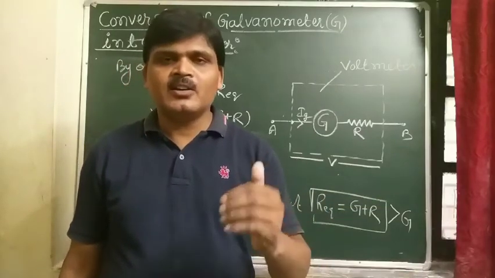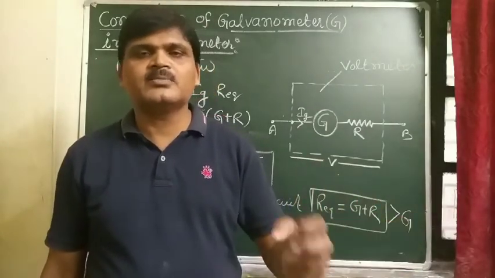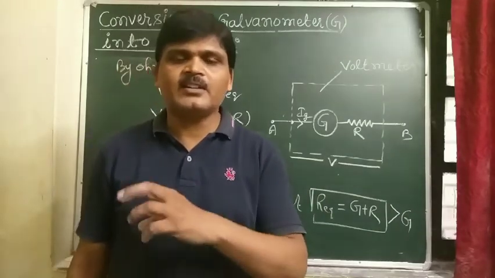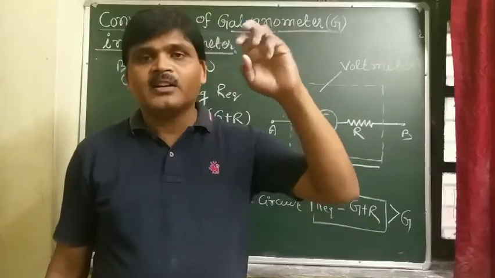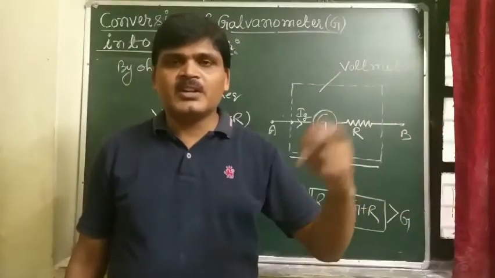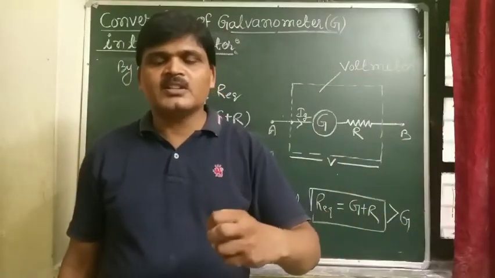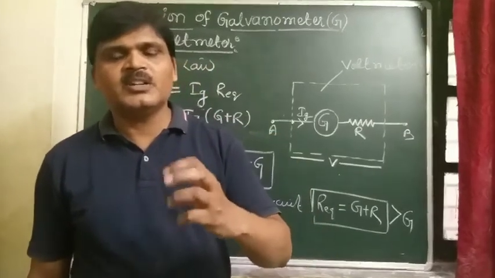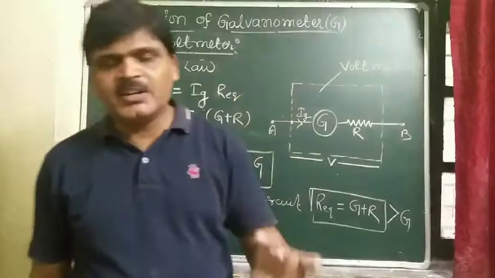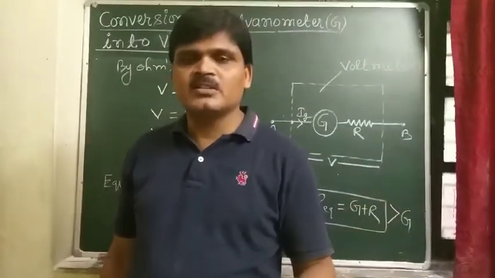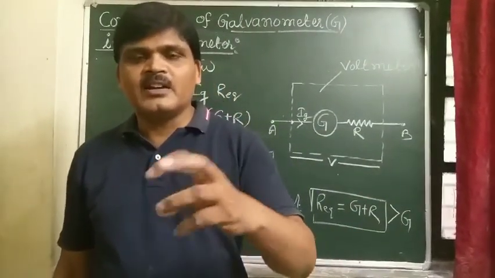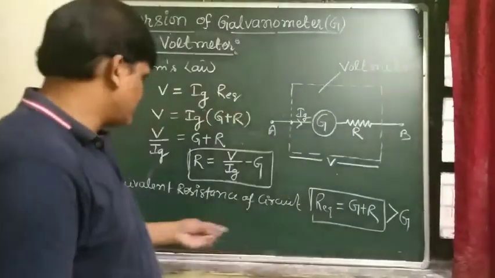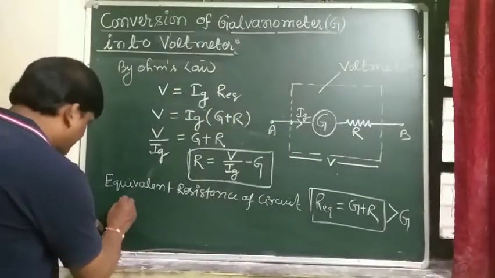For an ideal voltmeter it has infinite resistance, whereas a galvanometer is converted into an ammeter when a low resistance is connected in parallel with a galvanometer coil. Then the galvanometer is converted into an ammeter, and an ammeter is a low resistance device, and an ideal ammeter has 0 resistance.